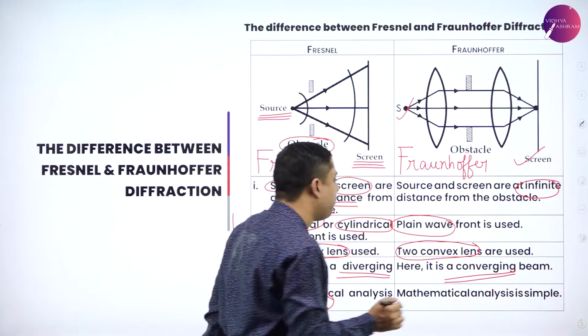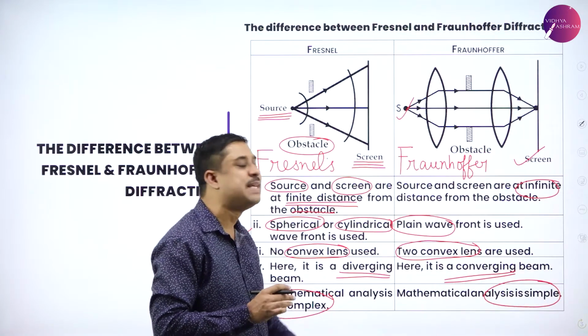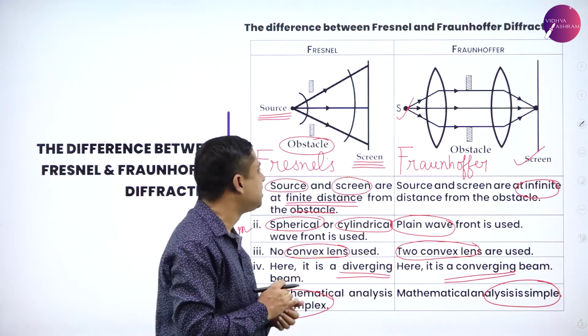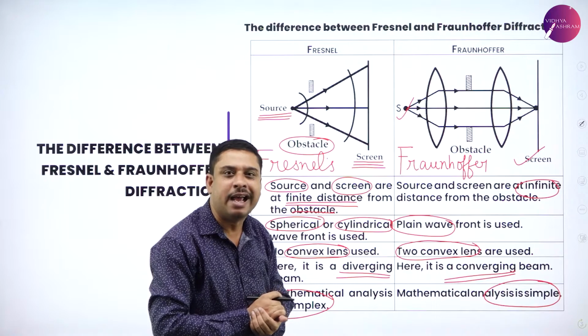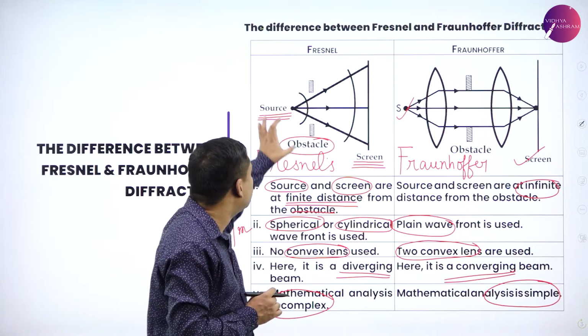Whereas Fraunhofer, mathematical analysis is simple. So these are the differences between Fresnel and Fraunhofer diffraction.